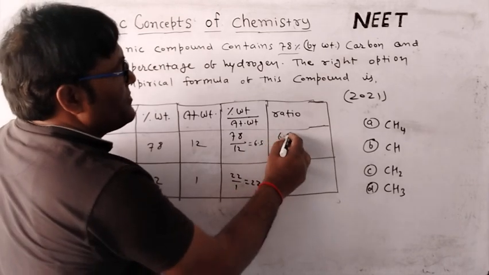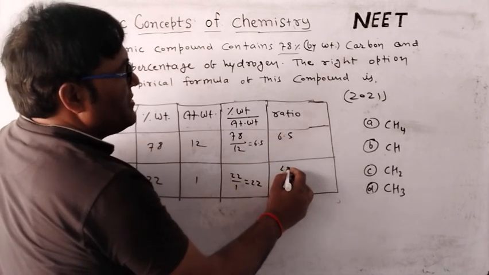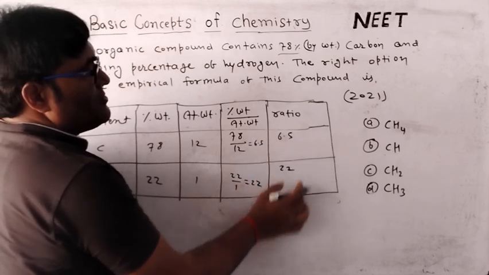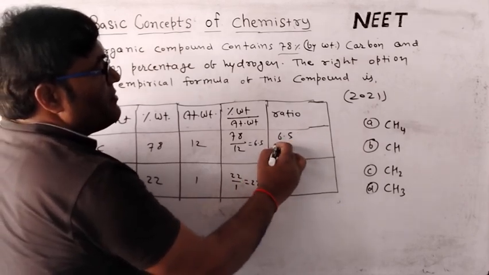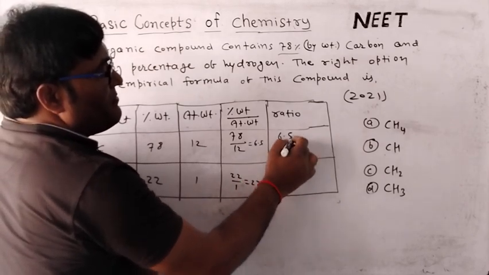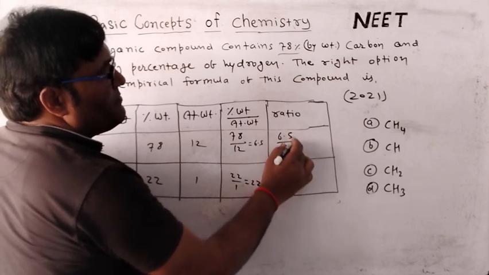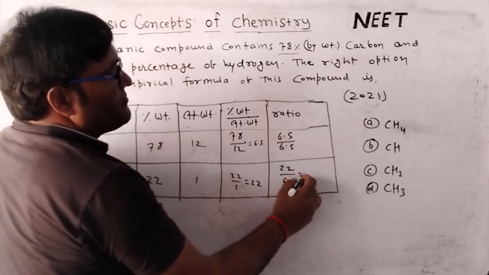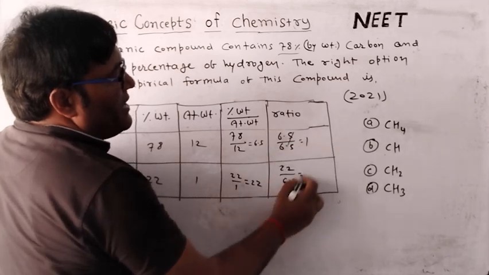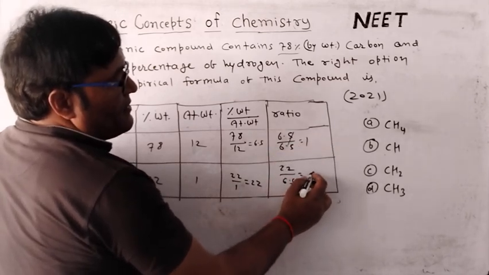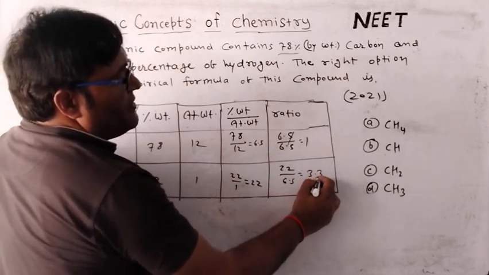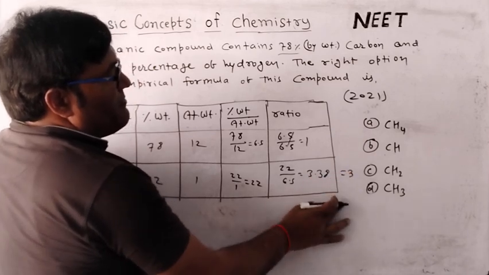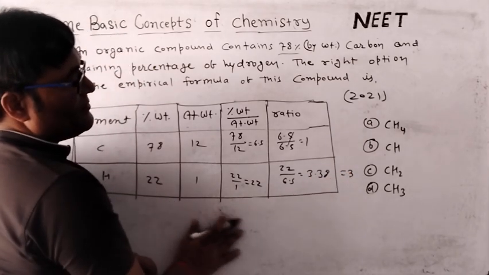Now for calculation of the ratio, both values are divided by the minimum value. So 6.5 is the minimum, so 6.5 divided by 6.5 and 22 divided by 6.5. So 1 is here, and here 3.38, so we can take it as 3.